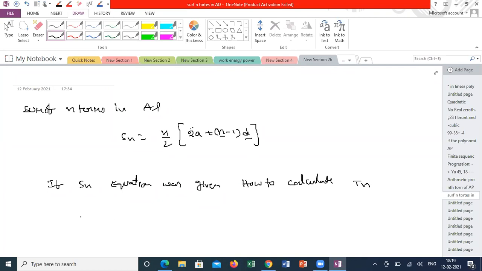Anyone? How can I calculate the Tn? Guys, what is the meaning of Sn? Sum of the n terms. What is the meaning of Sn minus 1?